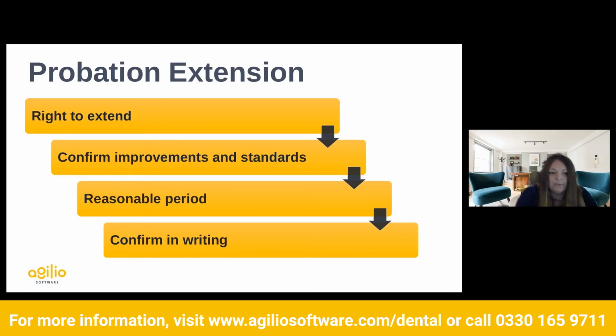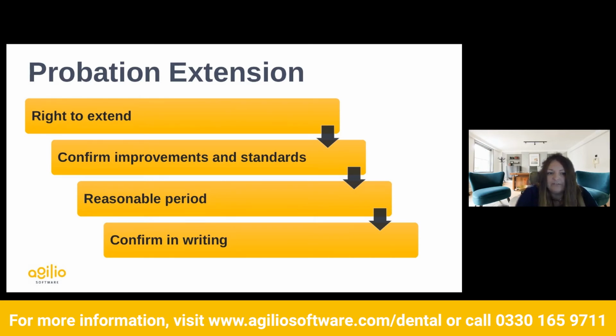The reasonable period will vary depending on what is required to pass the probation period, and this should be reflected against those requirements. In your meeting, you should discuss the employee's performance and why you're extending the probationary period with them, and allow the employee to put forward any explanation for their performance issues.